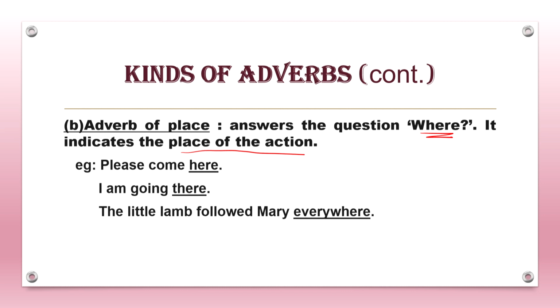So some of the adverbs of place are here, there, everywhere, far, near, within, without and so on. So, let us look at a few examples. Please come here. I am going there. The little lamb followed Mary everywhere.